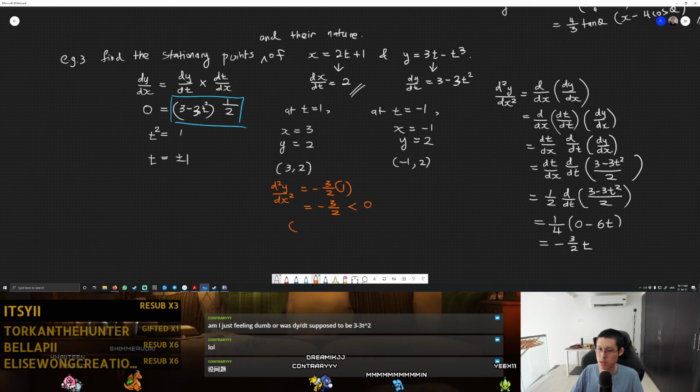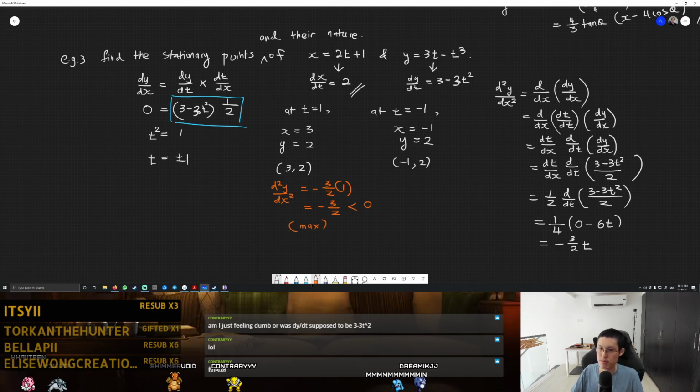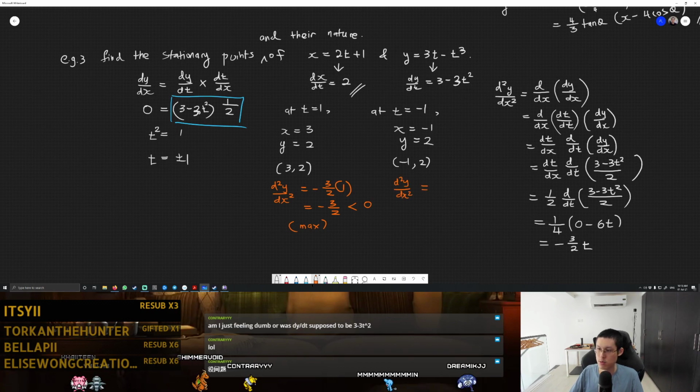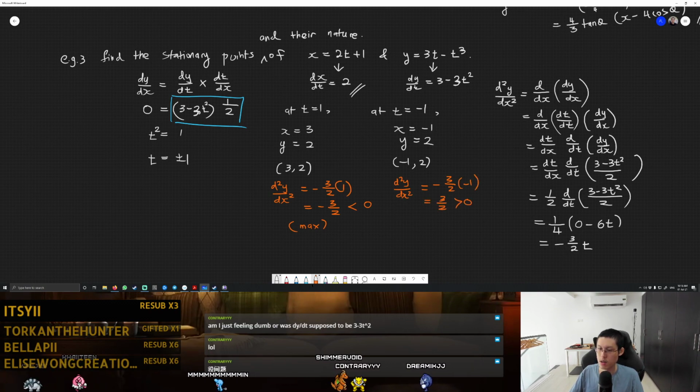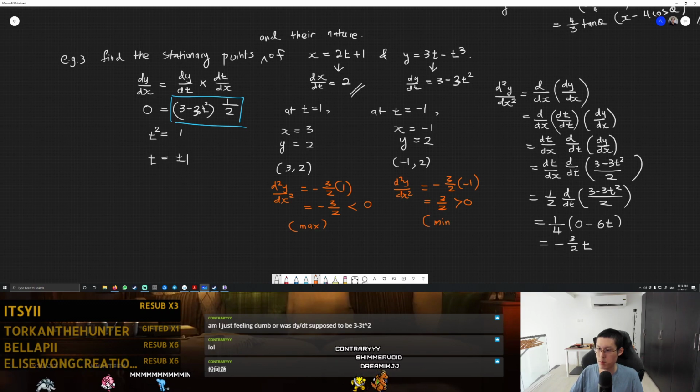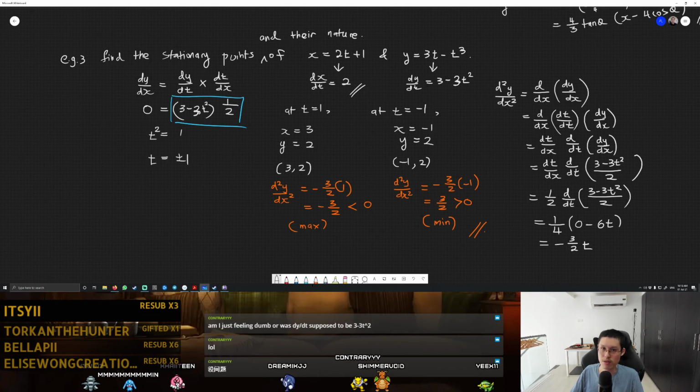Therefore, this must be a maximum point. Then we can do the same thing here. d2y/dx squared equals negative 3 over 2 times negative 1, and as you can see, it gives you a positive number. Therefore, this must be a minimum point. And there you go. That's it.